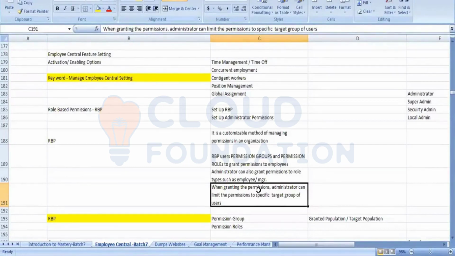So accessing and running the payroll, is it with the payroll executive? So administrator can limit the permission to a set of group of users. So here, who is the set of group of users? Payroll executives.